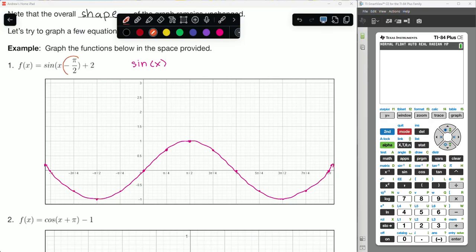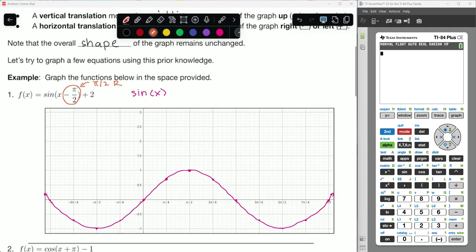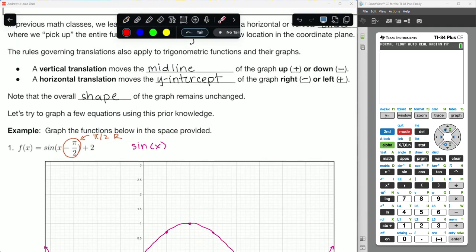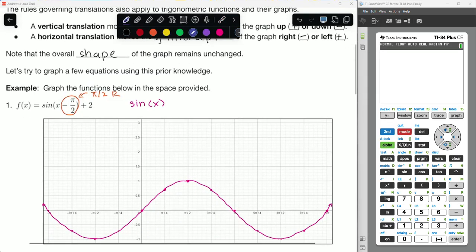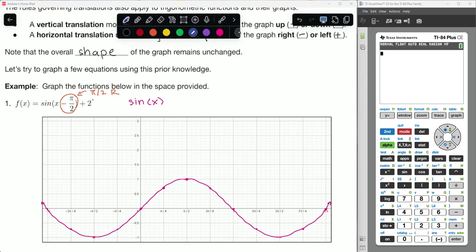So this, I know, is going to shift my graph pi over 2 to the right, because remember, if I scroll up, I know that negative means to the right. And then this constant here outside of the sine function is a vertical translation, and it's positive, so this is 2 up.